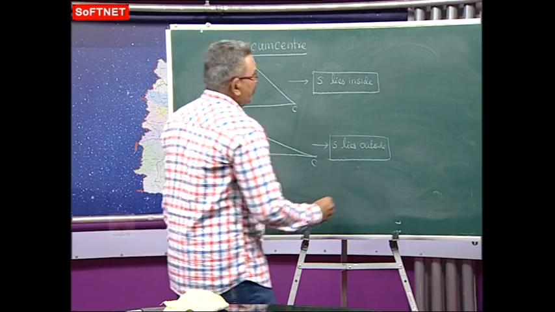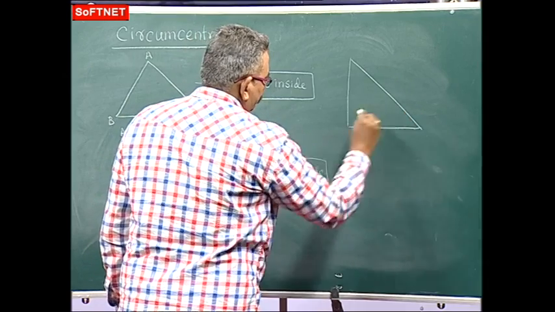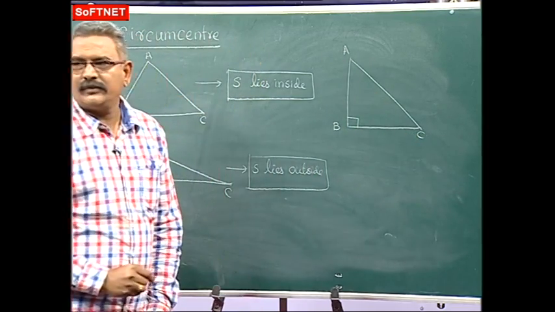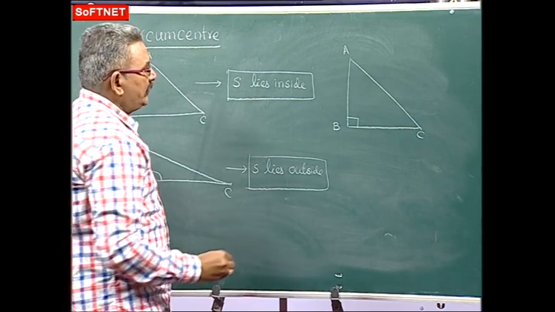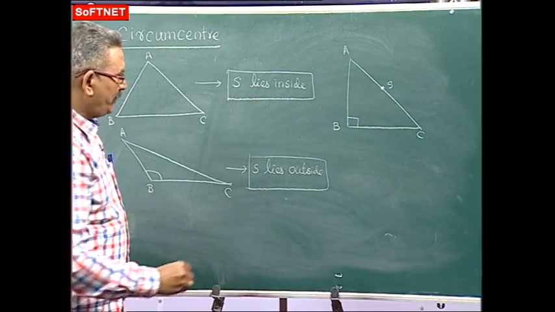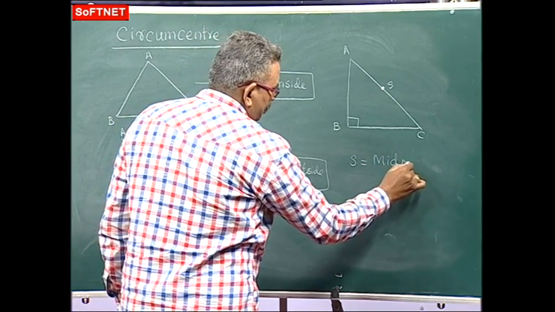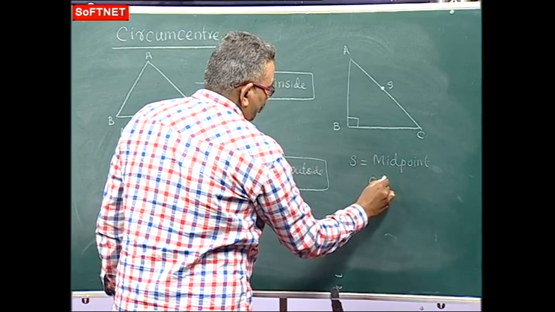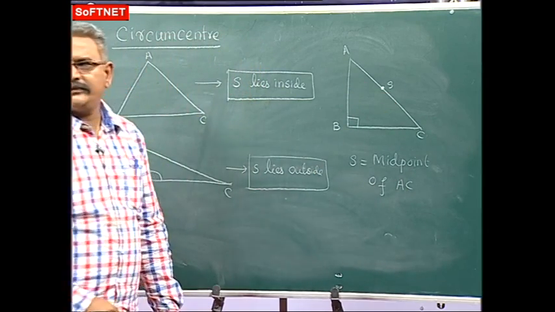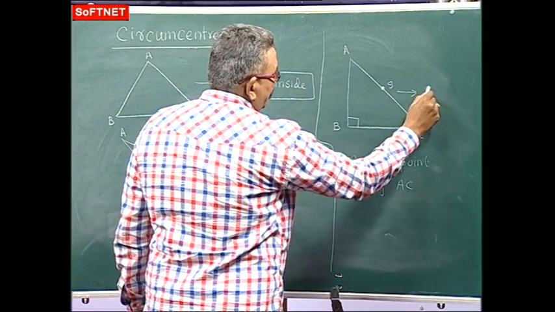If you consider a right angle triangle, which is very, very important, say ABC, in a right angle triangle the midpoint of the hypotenuse is the circumcenter. So here S is equal to the midpoint of AC, which is the hypotenuse, since it is a right angle triangle.